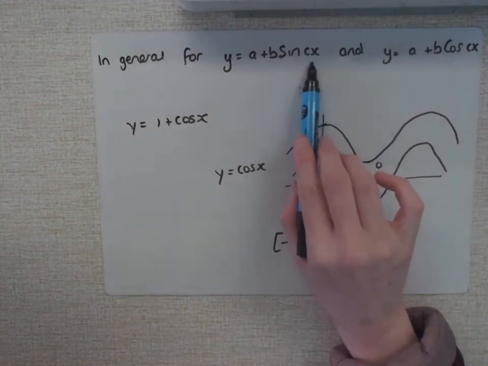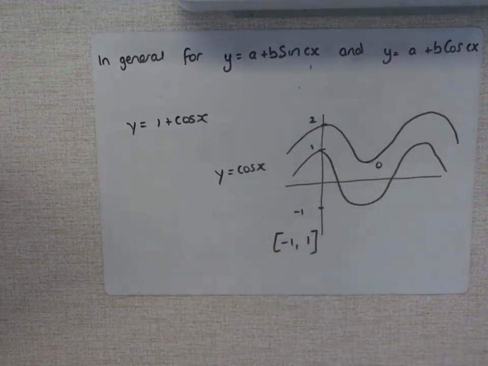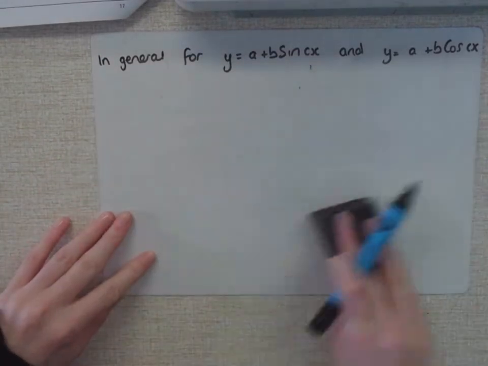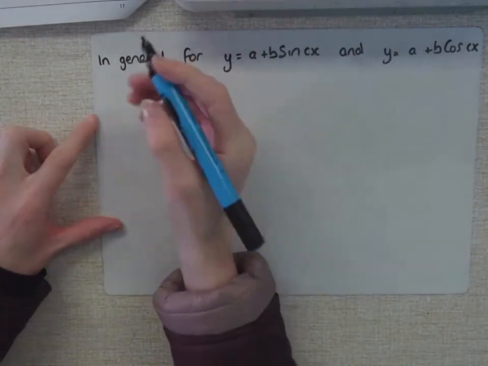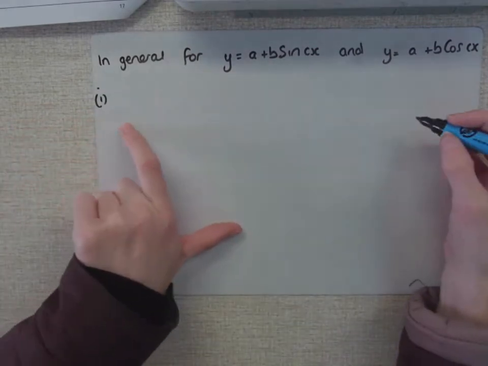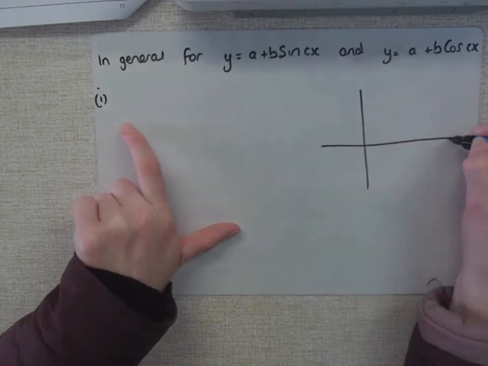When I multiply the angle, it's the period that changes. So let's write those things out. And this graph you can draw.